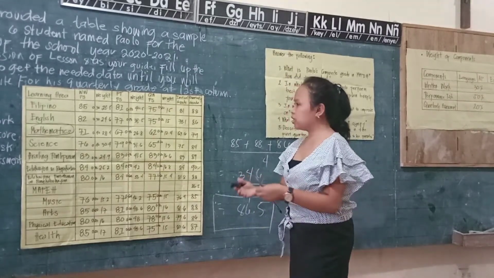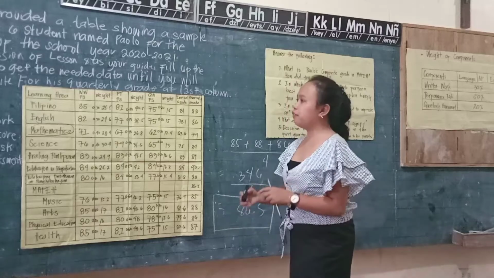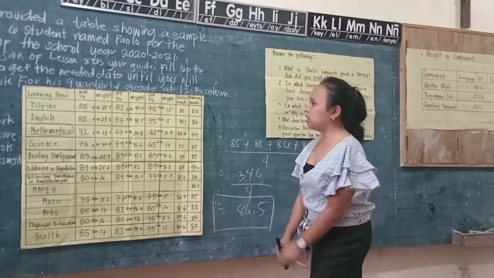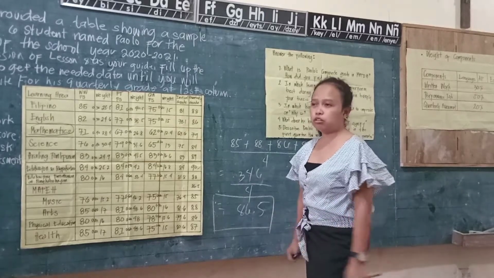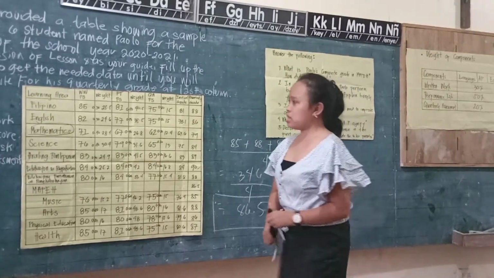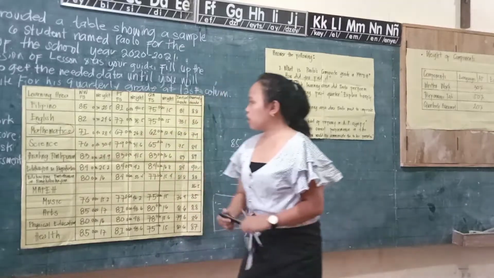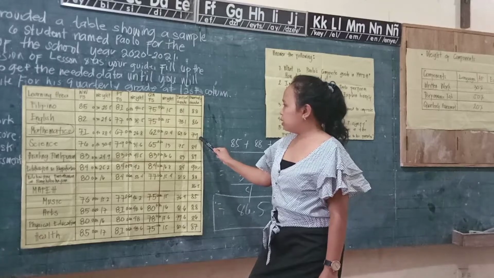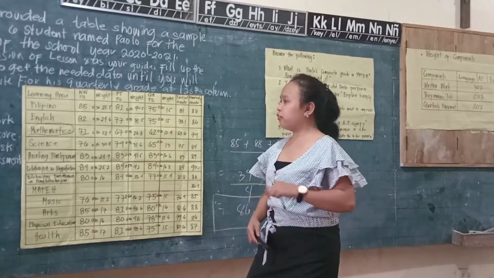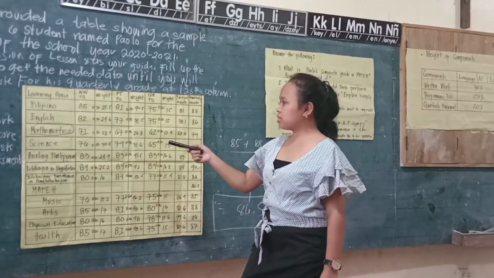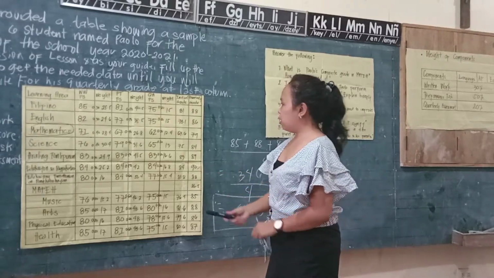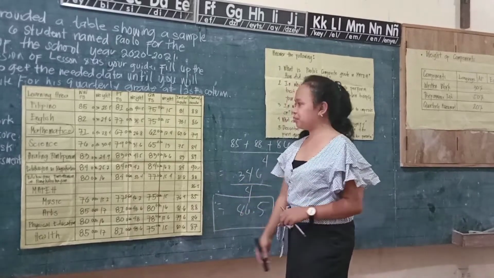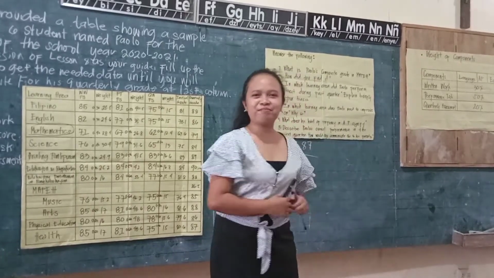I will show them the card of their child, and I will also advise them to encourage Paulo to learn more in mathematics because this is the subject where he had the lowest score. He needs to study more and improve his mathematics knowledge so that his grade will also improve in the next grading. So that will be all.